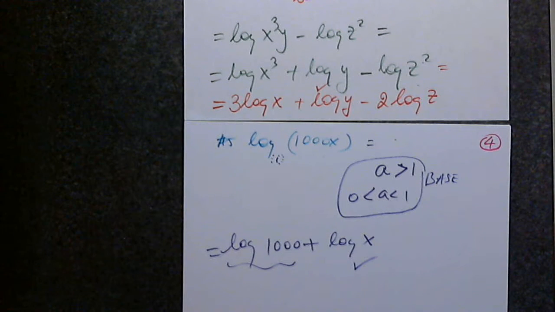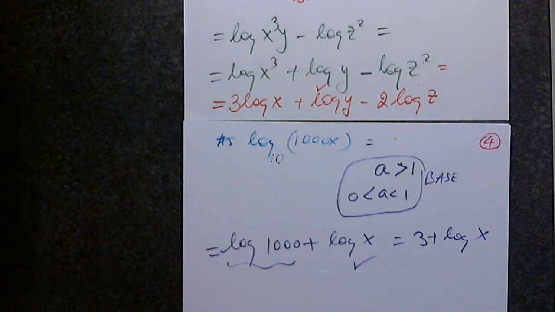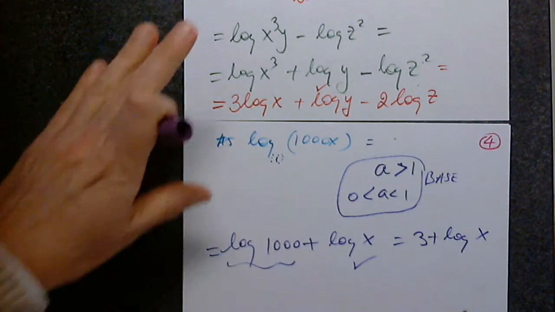Again, what is the base? 10 raised to which power is 1,000? 10 raised to the third power. Plus 3 plus. So let's do that together one more time.